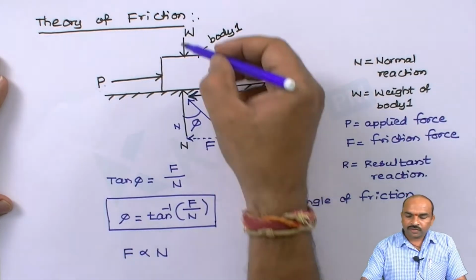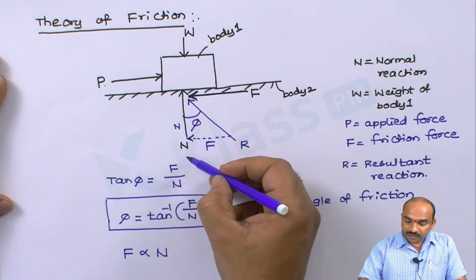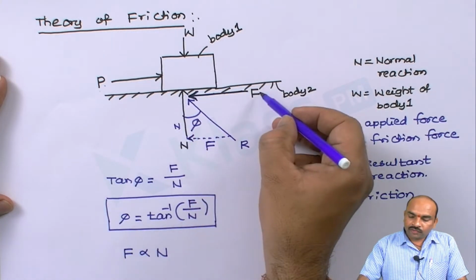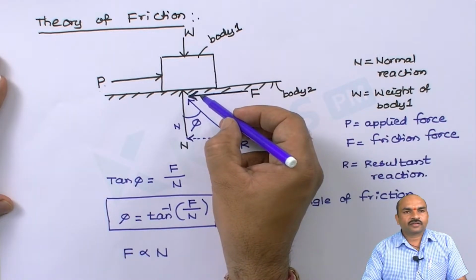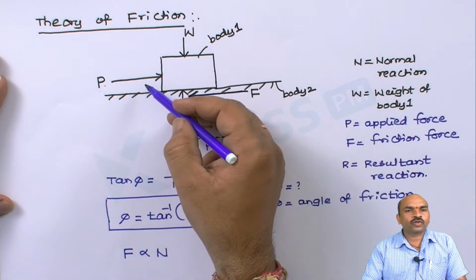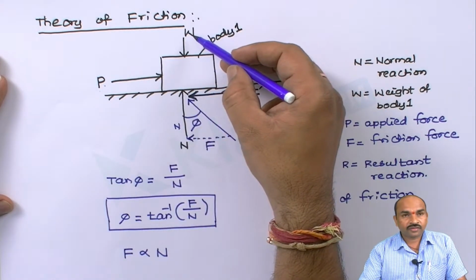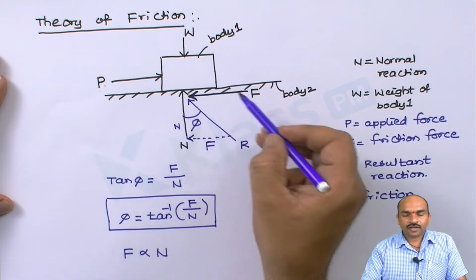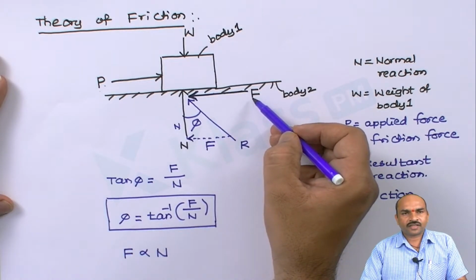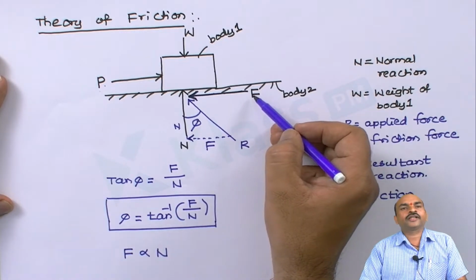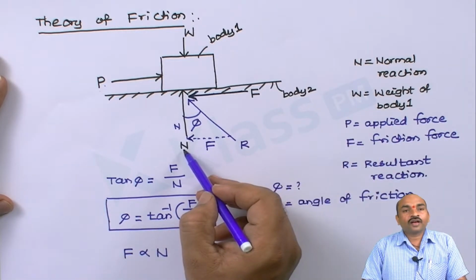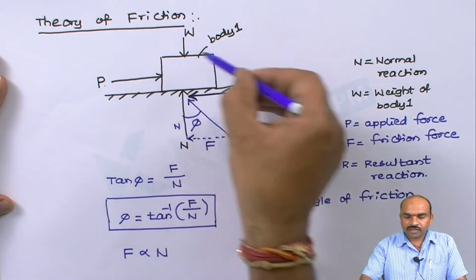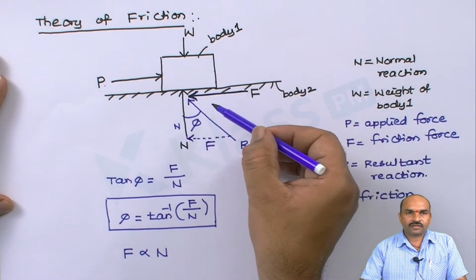As the friction force increases because of applied force, change in weight, or roughness of the surface, the normal reaction N will also increase proportionally.